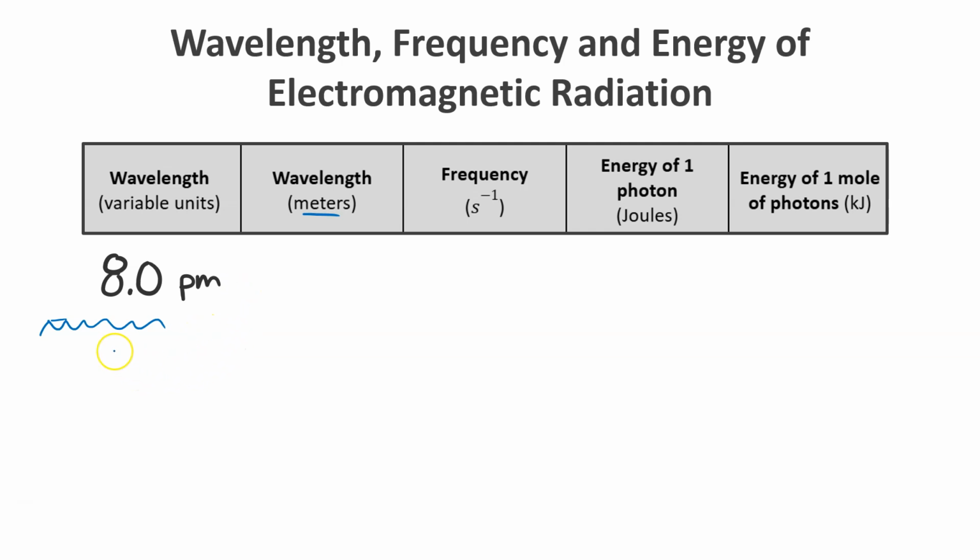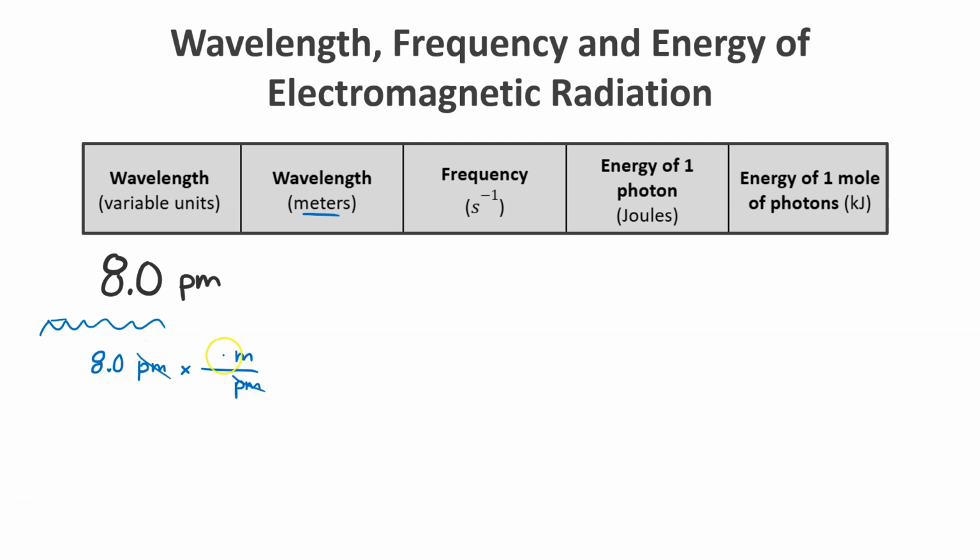So the very first conversion isn't really going to find out anything new. It's just changing the unit of wavelength from picometers into meters. For all of this, I'm going to try to use the proper dimensional analysis steps just to remain consistent, meaning I've got picometers that I want to cancel off, so that's going to go in the bottom of my conversion factor.